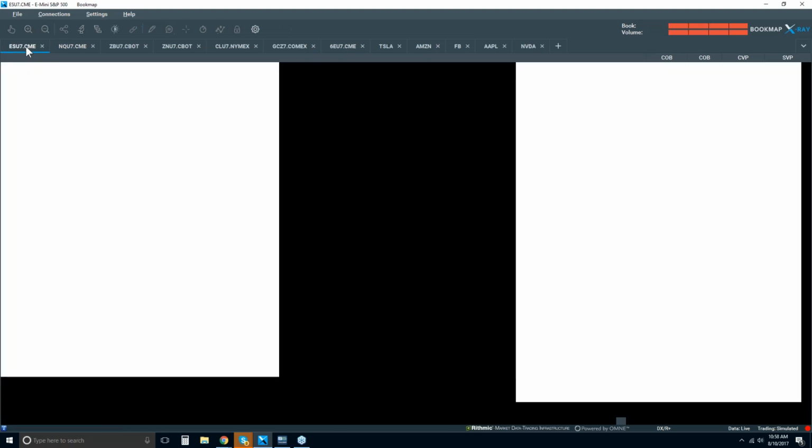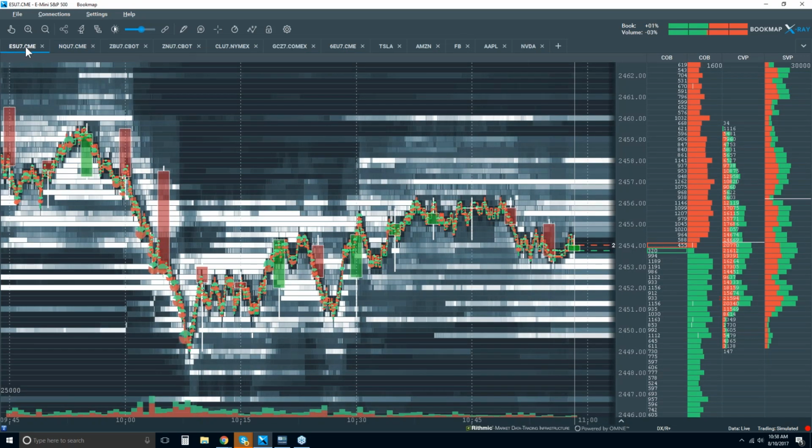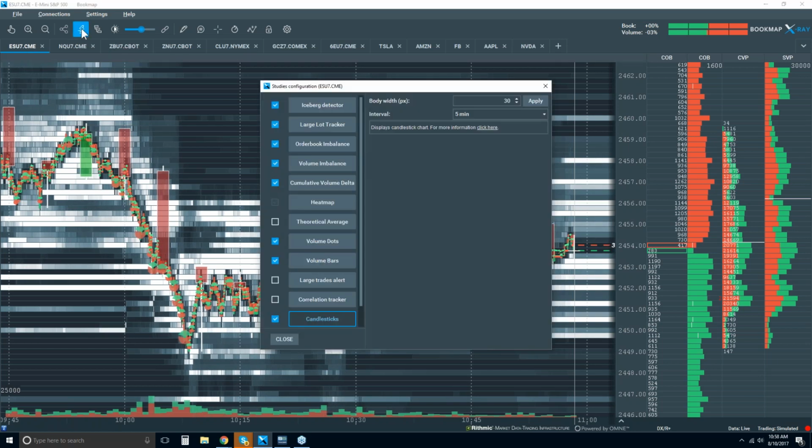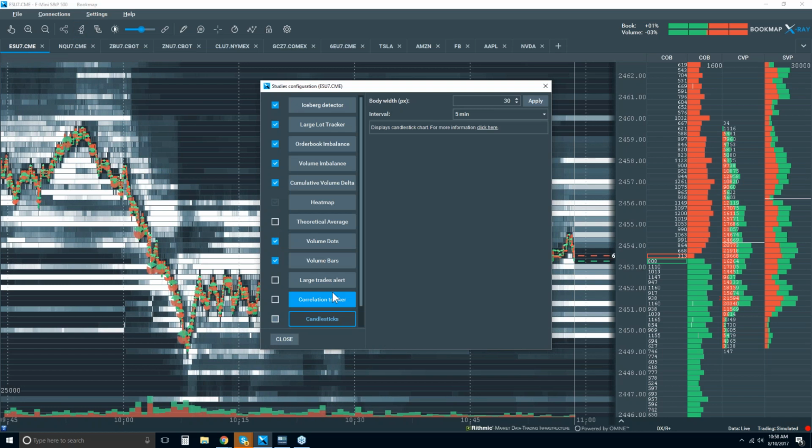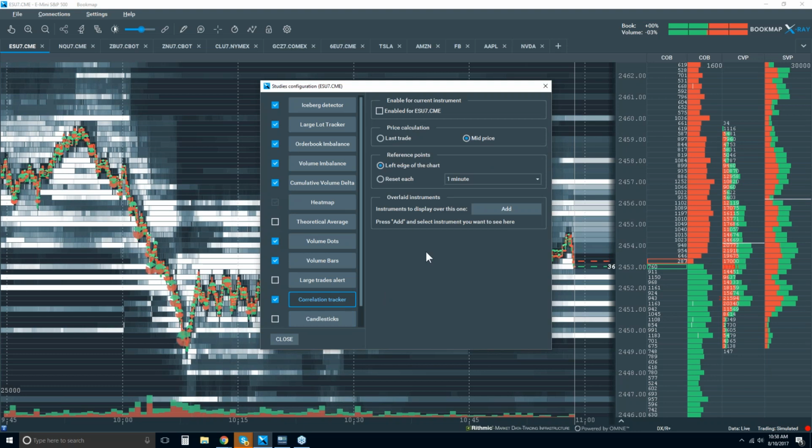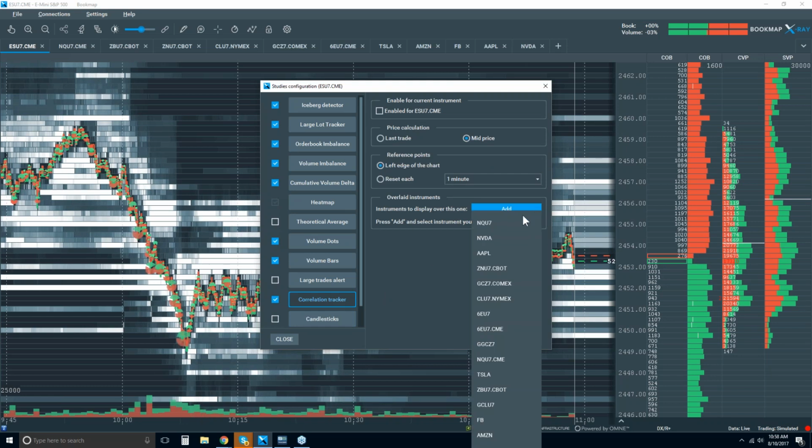Then, if you want, for example, let's look at the ES, and let's throw the NASDAQ on there. Let's take the candles off for now, and let's put on the correlation tracker. I'm going to add a correlation of, yeah, let's put the NASDAQ on.